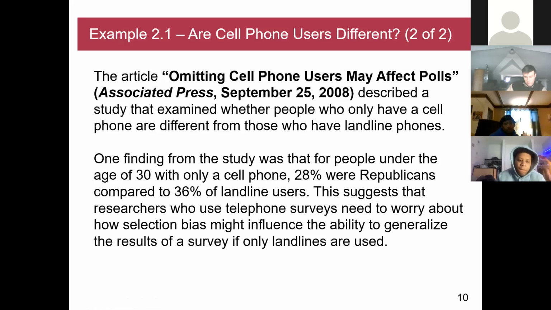So you could see that there's a distinct difference between these people who just had cell phones versus landline users in terms of the percentage of them who were Republicans. Obviously, that's going to have a big effect on polling. And if we just contact people with cell phones, we might be underestimating the number of Republican voters in general.